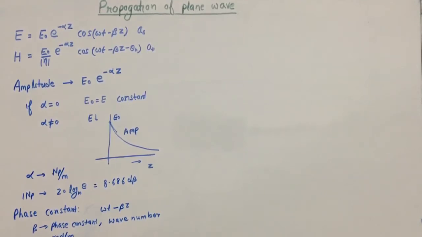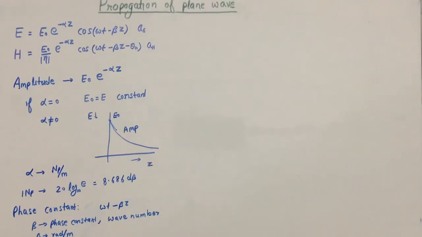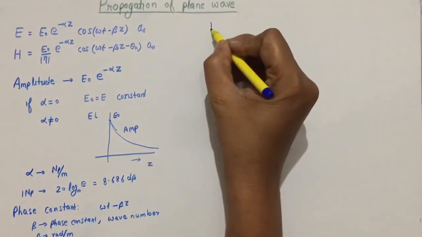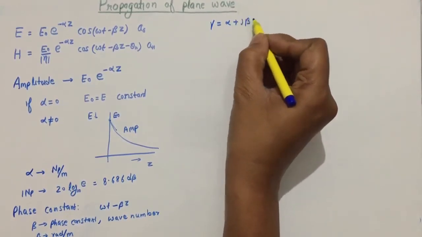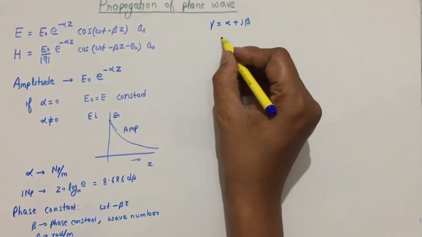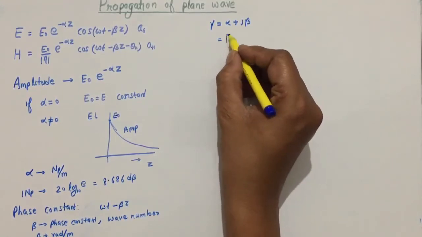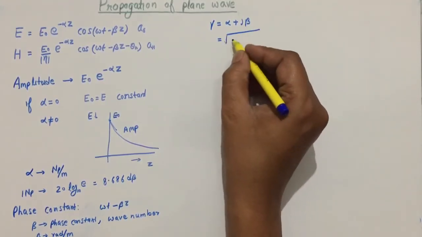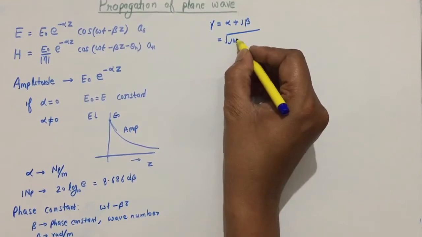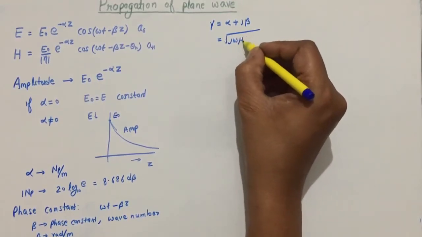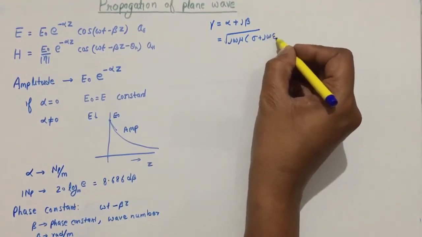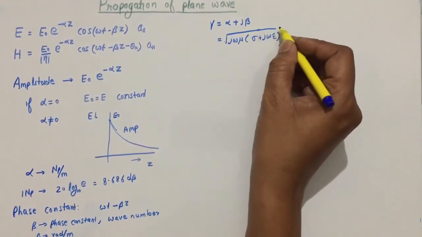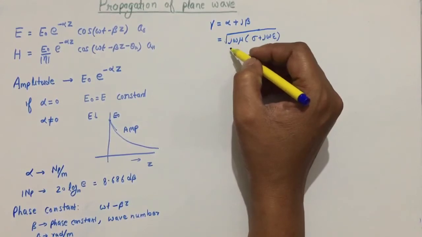We have the propagation constant, that is gamma. We know that this is alpha plus j beta, and if we recall, it is the square root of j omega mu times sigma plus j omega epsilon. Yes, this was the gamma.